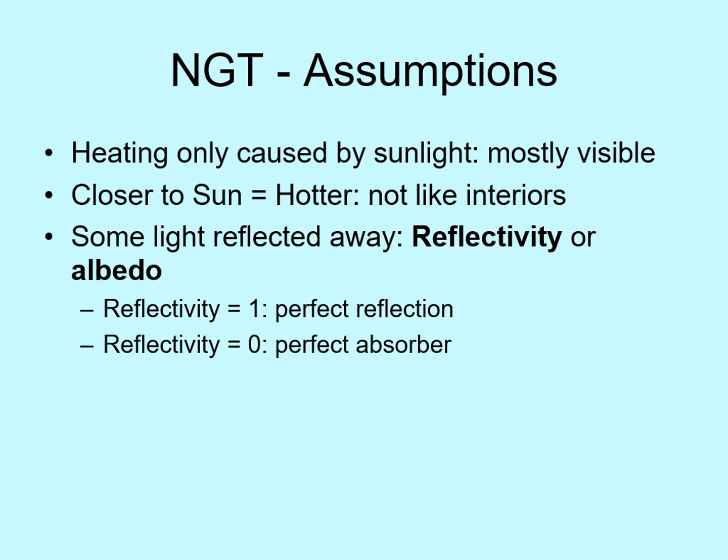There are no perfect absorbers either, but very dark materials like soot can absorb over 90% of the light hitting them. A planet is only heated by the light it absorbs, and the higher its reflectivity, the less energy it will absorb. In other words, darker planets get hotter than lighter planets.